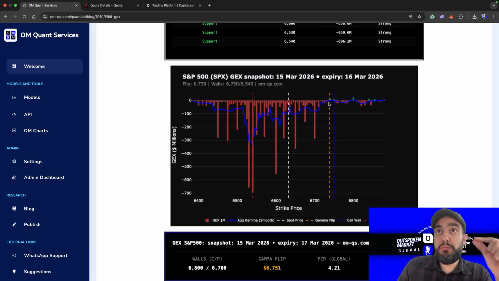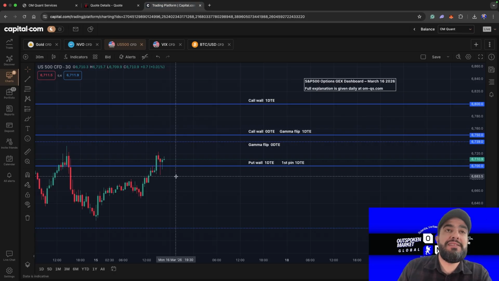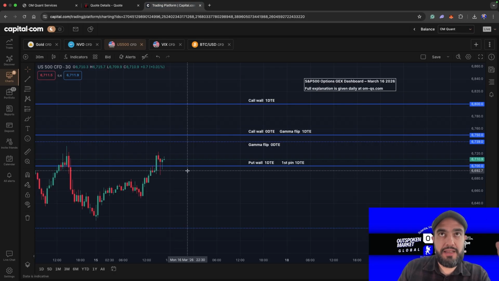If we don't break the gamma flip, hypothetically speaking, any downside that we have will again be an accelerated movement because we are in the negative GEX profile.